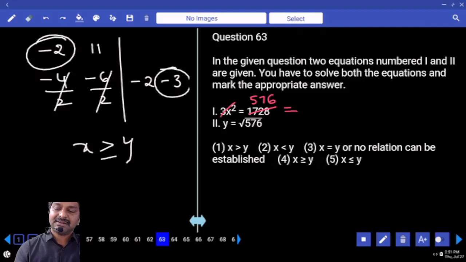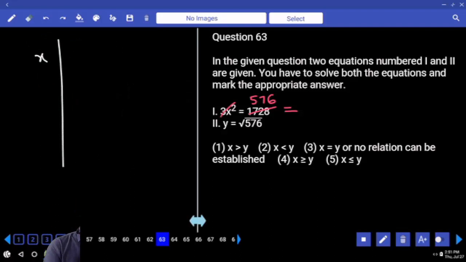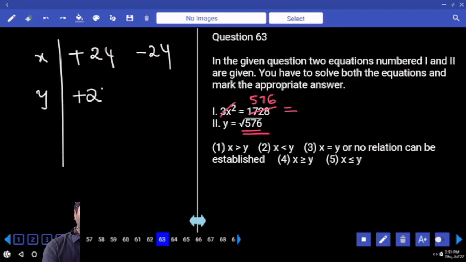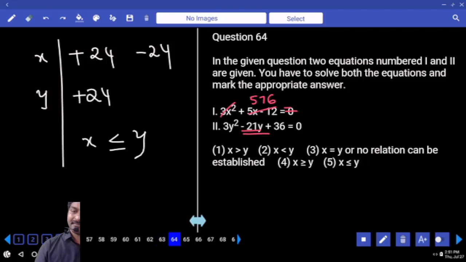Which square is that? 20. What is the x value then? Plus 24, or it can be minus 24 also. Can an under root value be a negative number? No, under root can never be negative. Y is equal to plus 24 only. So x is less than or equal to y.